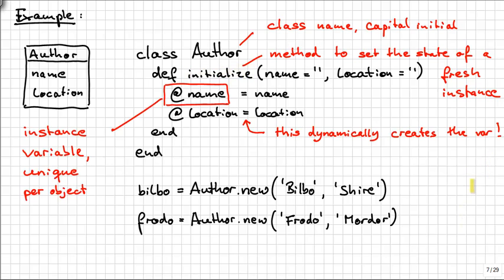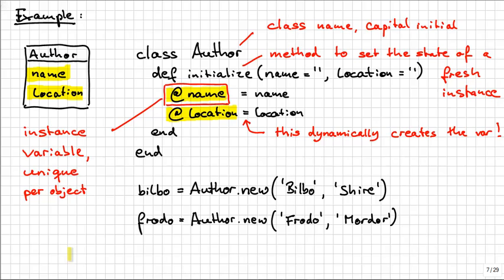In the example of our author class, we want to have two instance variables, the name and the location, that is in both cases per author instance. In Ruby, we define instance variables by prefixing them with an @ symbol. So @name is an instance variable unique to each instance of the author class, and similarly, @location is an instance variable unique to each instance of the author class.